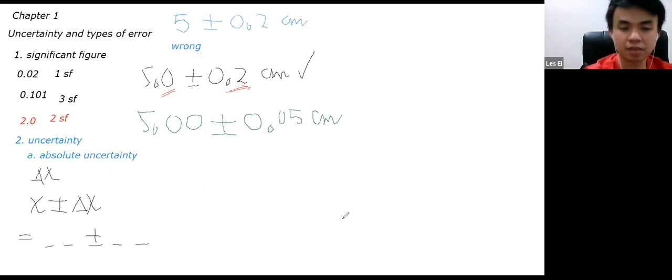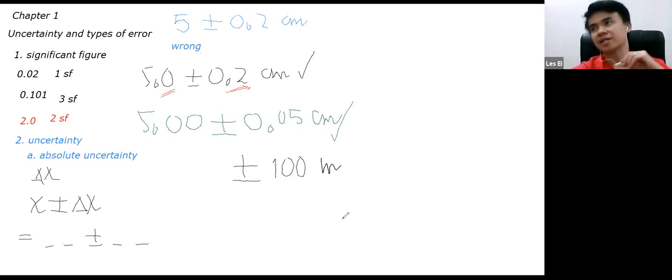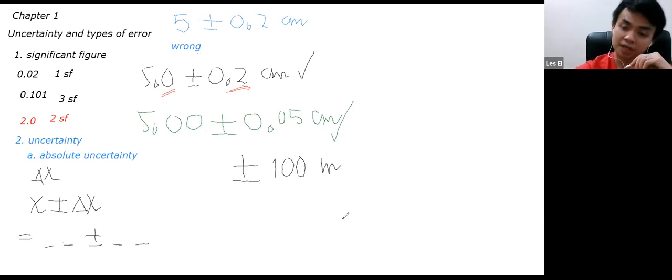Also, another example, let's say your absolute uncertainty is quite big because probably you are measuring a change in height in mountain areas. Let's say your absolute uncertainty is 100 meter, for instance. When you write an absolute uncertainty of 100 meter, it means your actual reading should be rounded off to the nearest hundred.